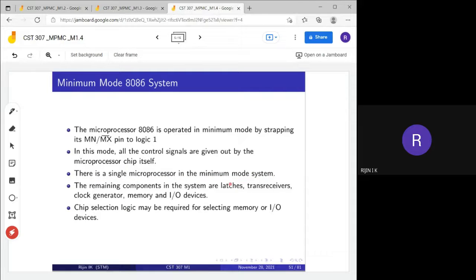And in minimum mode, these are the remaining components: a latch, a transceiver, a clock generator, memory and IO devices, and another chip selection logic.